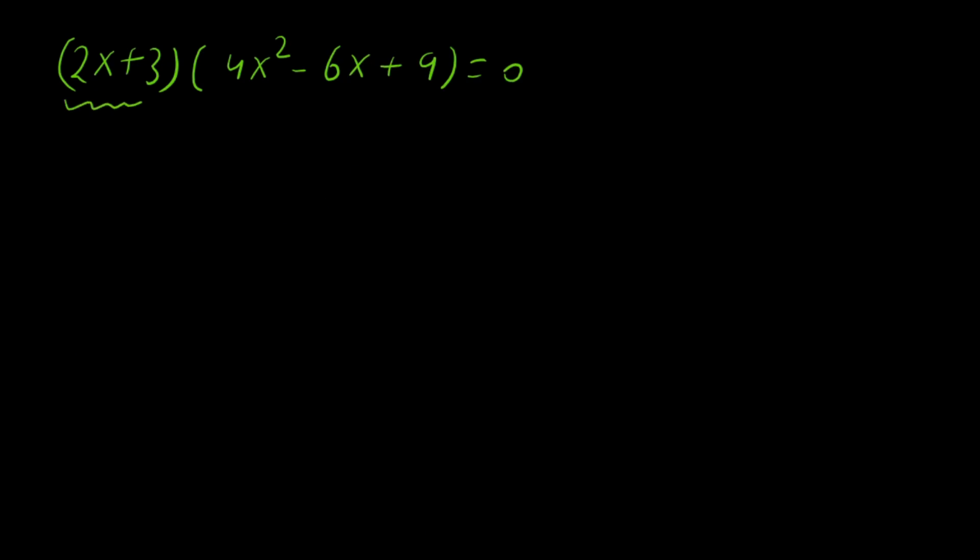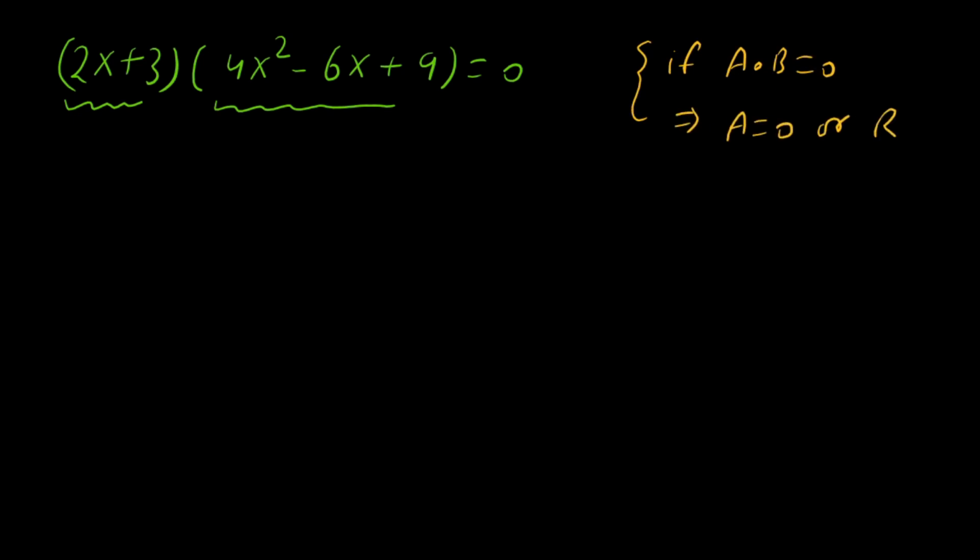Here the product of these two expressions equals 0, so we will apply this rule again. If a into b equals 0, this implies a equals 0 or b equals 0. Then we can say 2x plus 3 equals 0, or 4 times x square minus 6 times x plus 9 equals 0.